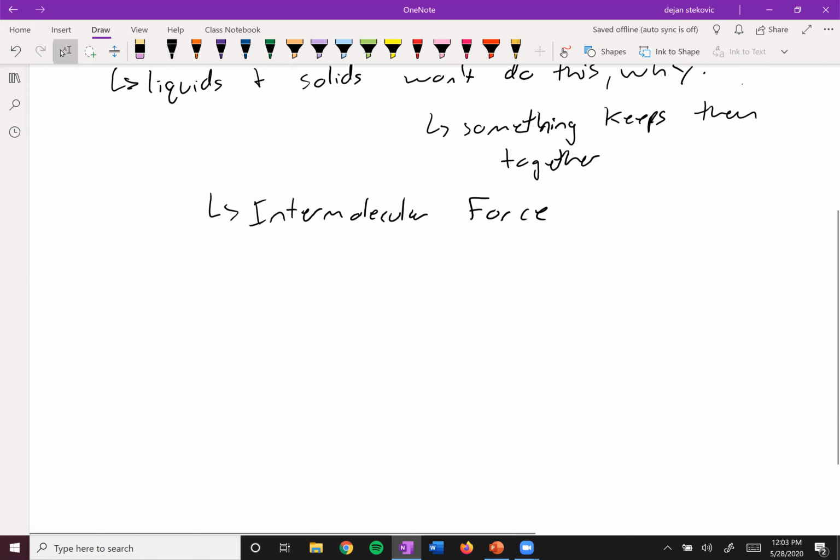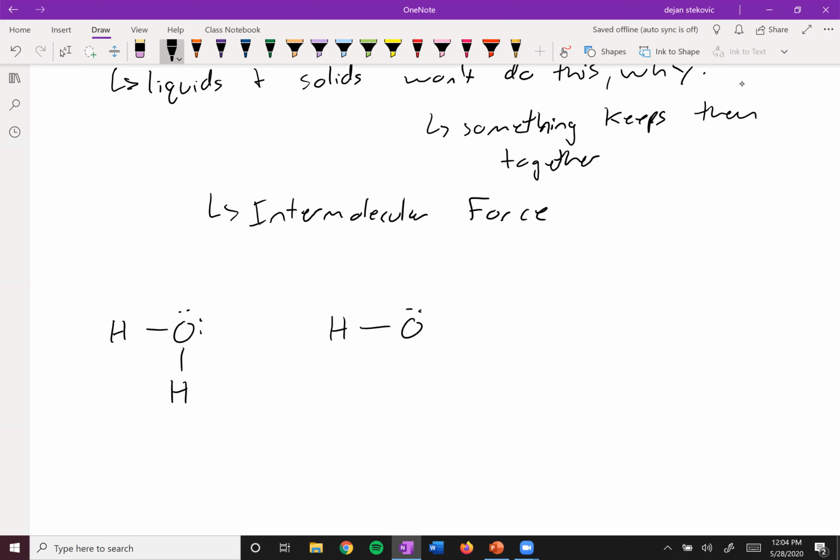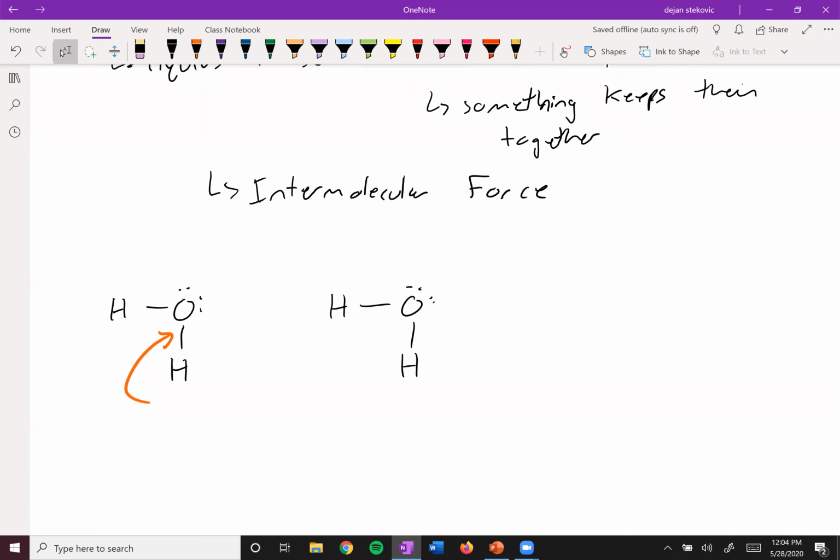So let's take a look at one of these and see the difference between an intermolecular force and an intramolecular force. So here I have the Lewis structure of water, and then I'm going to draw another water, right? So this bond here is an intramolecular force. Right, it's a bond.